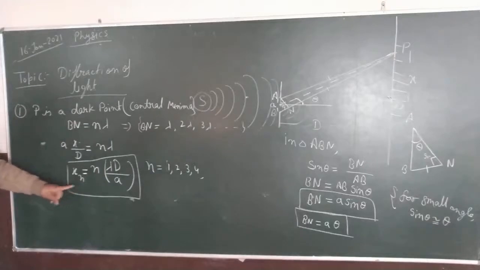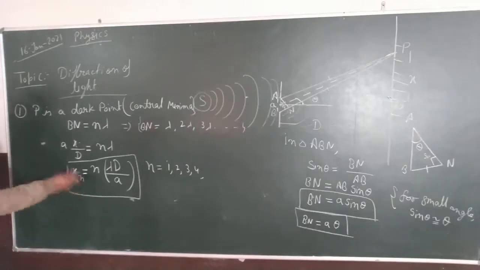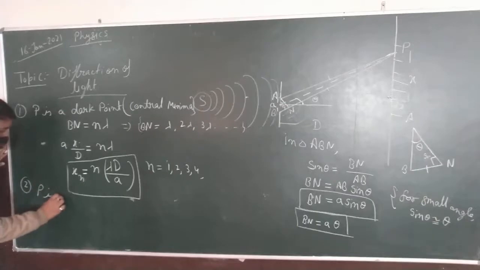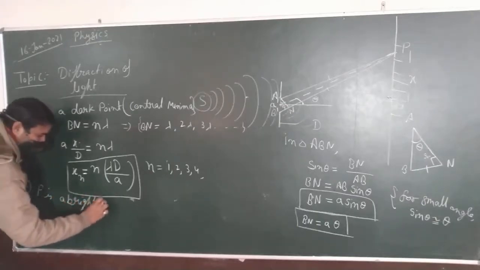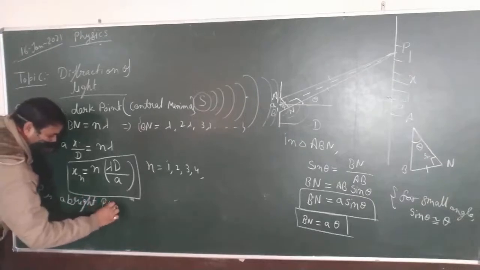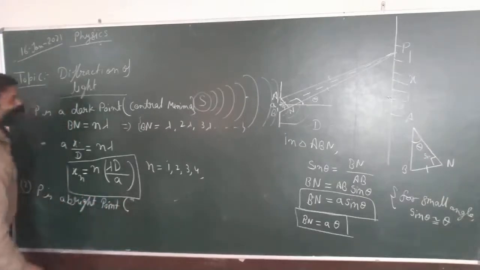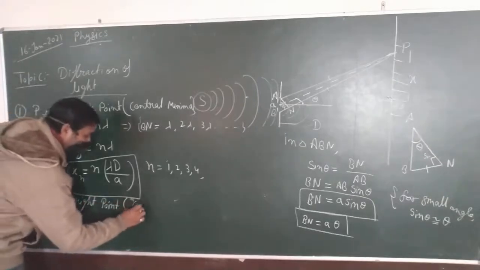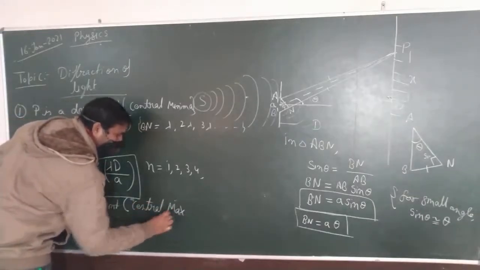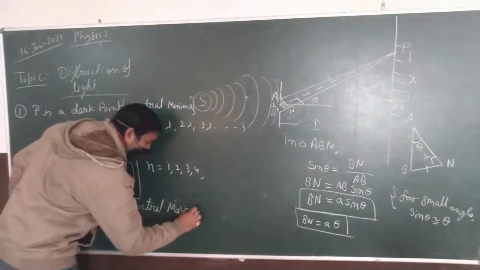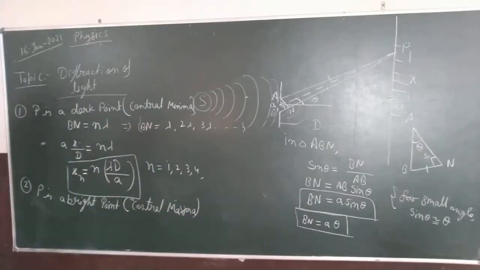Next we need to calculate the first central maximum, or the bright point. Second, P is a bright point, or we can say central maximum for the diffraction pattern.